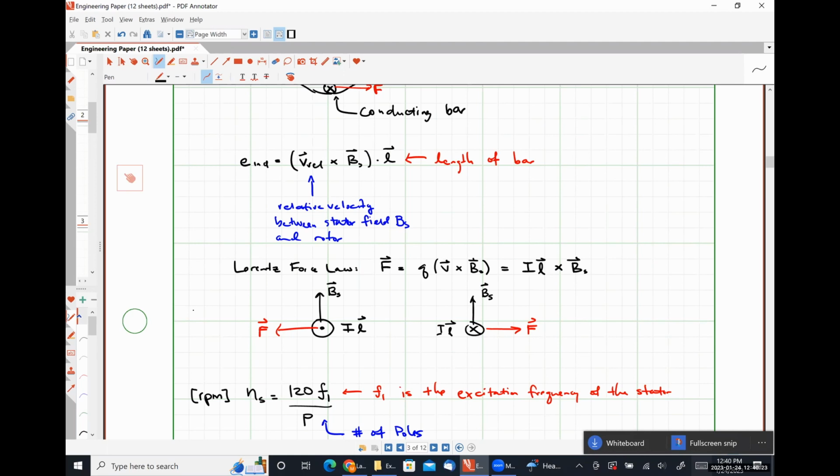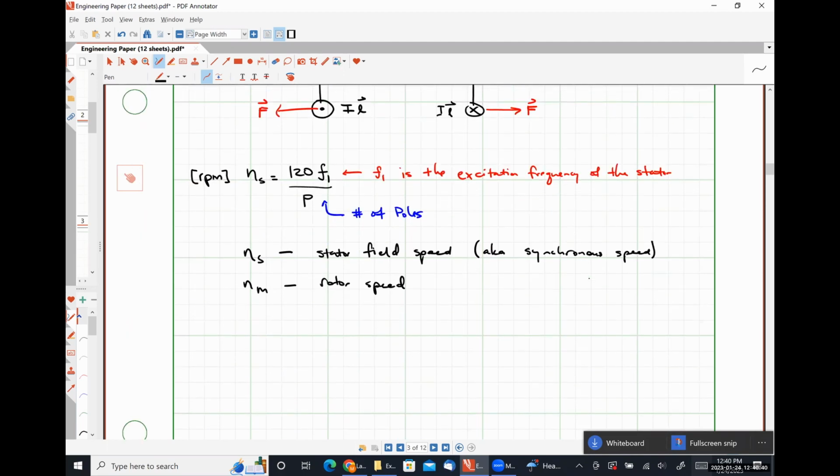So effectively, if there's not a difference in speed, we don't generate a torque. So it's critically important, actually, that our rotor never catches up to our stator. Right. So for our device to be operating correctly, we must have NS greater than NM for motor operation. And we're going to talk a bit more about this by talking about the concept of slip.